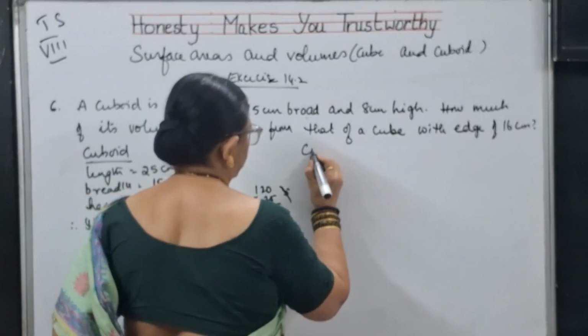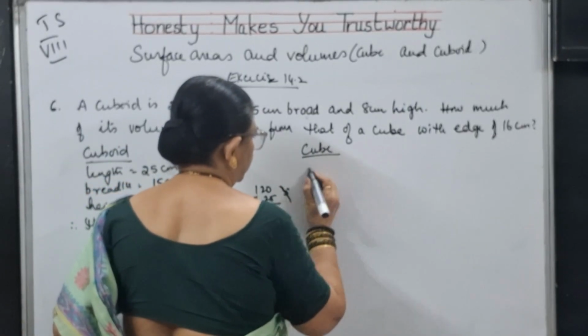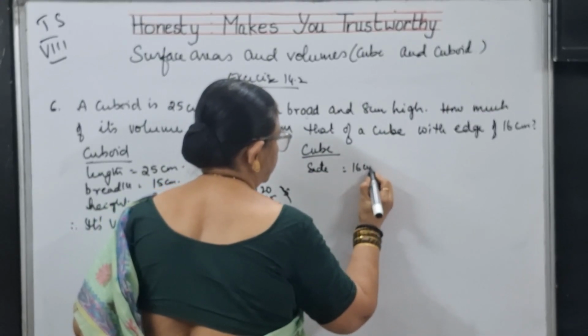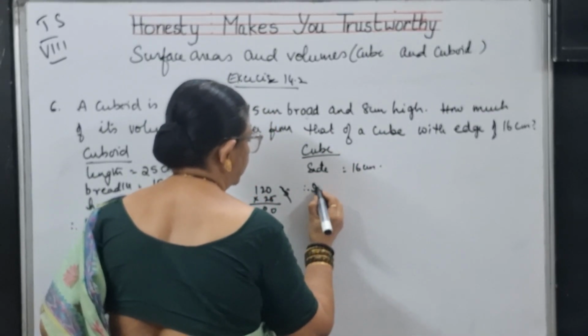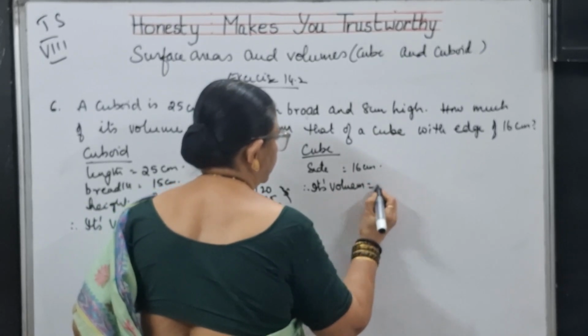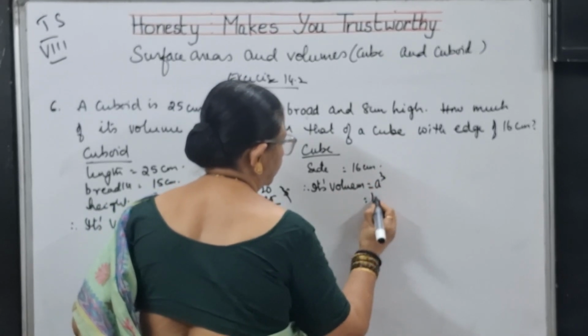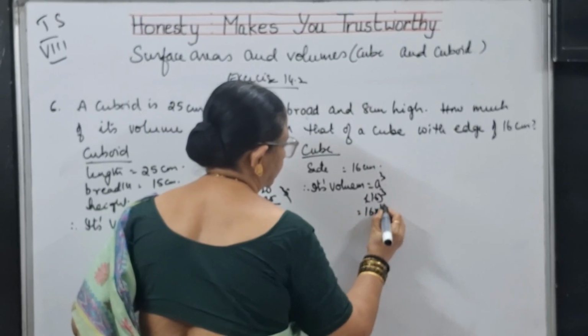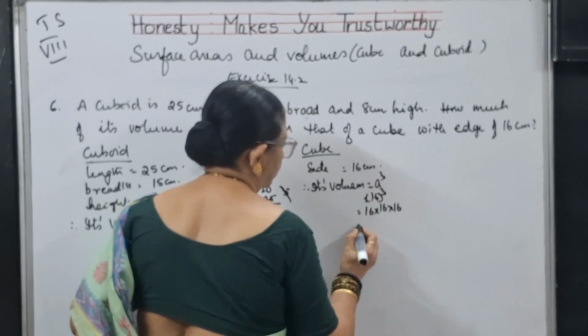Now let us see the cube. Cube, what is the side measure? 16 centimeters. Therefore, its volume is equal to a cube, that is 16 cube, 16 into 16 into 16.